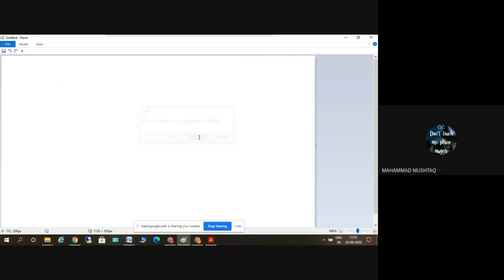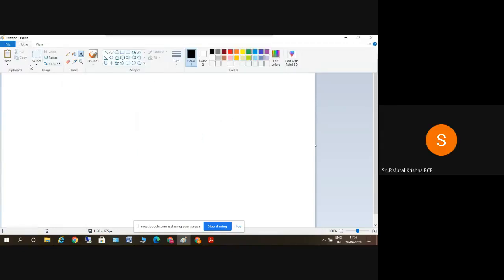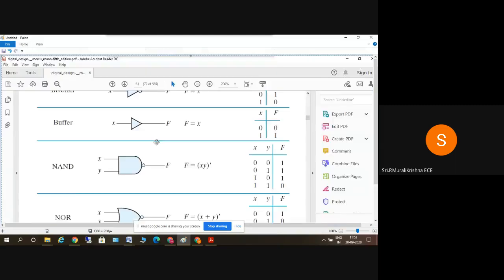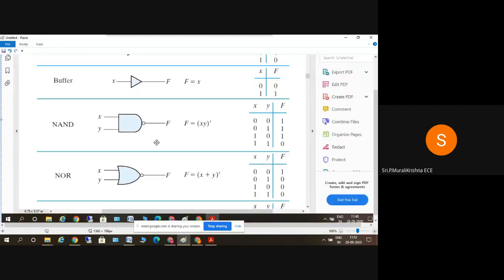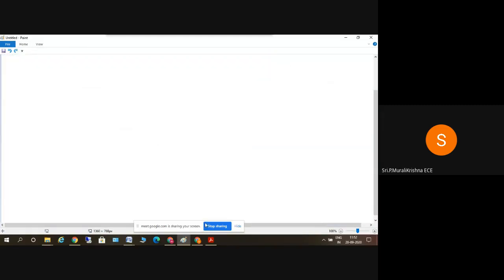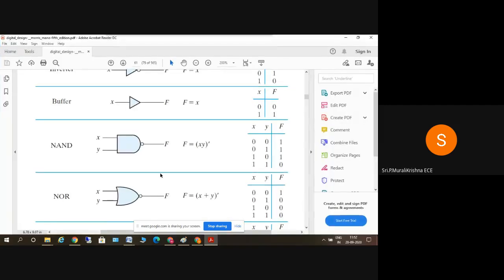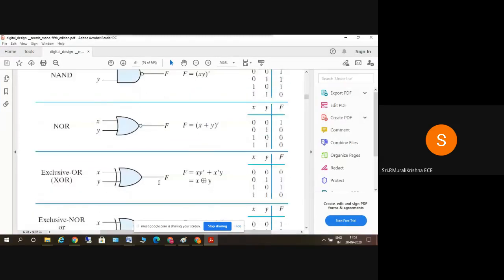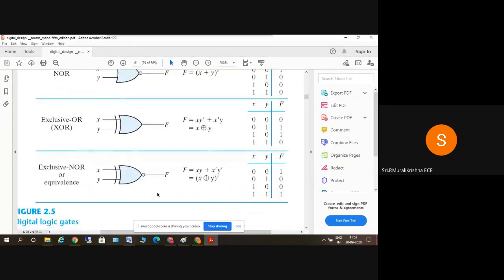Next we'll see the XOR gate. So already we have seen the XOR properties. So what is the XOR property? We have seen the exclusive property in Hamming codes. So what is the meaning of the exclusive property?